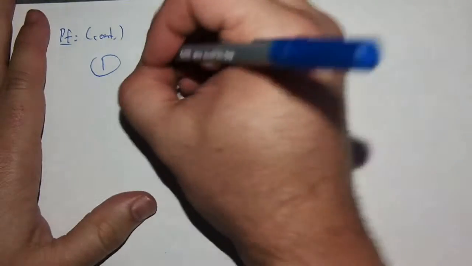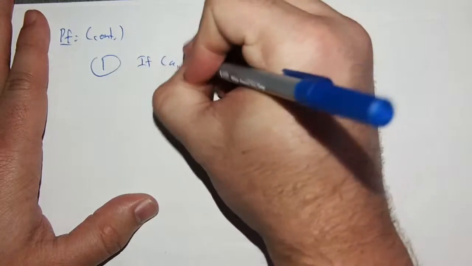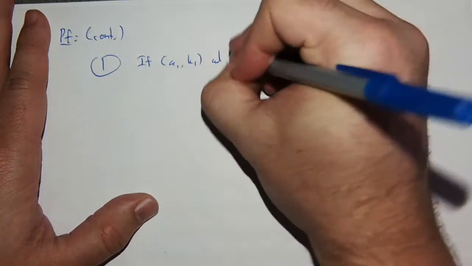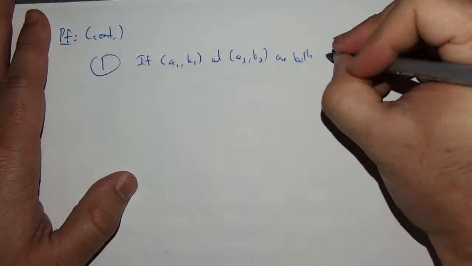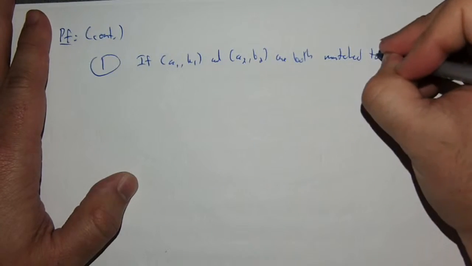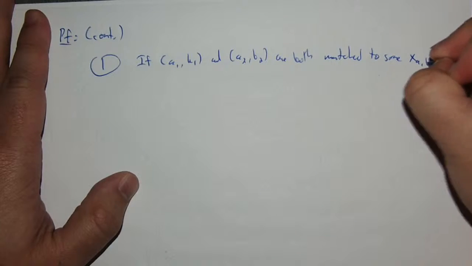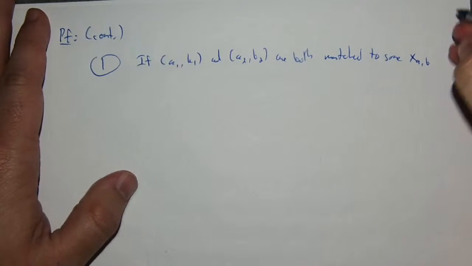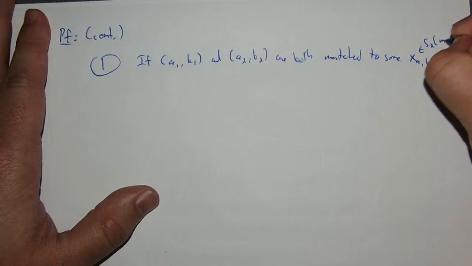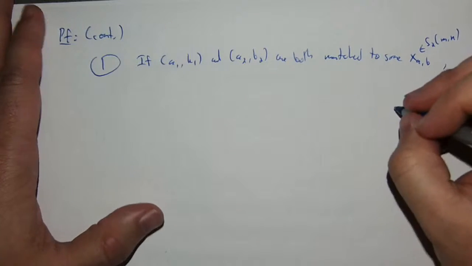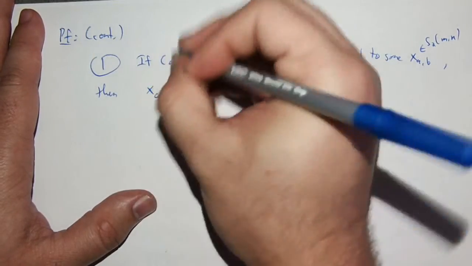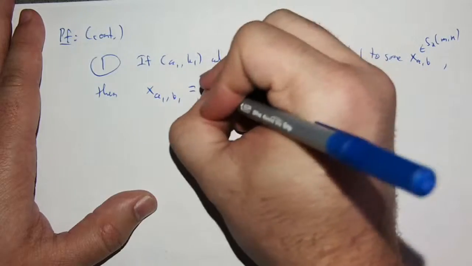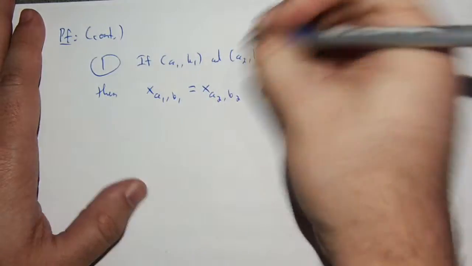For question 1, if (a sub 1, b sub 1) and (a sub 2, b sub 2) are both matched to some x sub ab, that is the same element in S sub 2 of mn, then x sub a1 b1 is equal to x sub a2 b2.